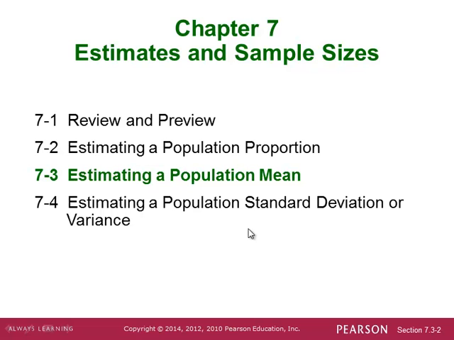Last Friday I recorded a lecture regarding estimating the population proportion, in which we took a sample. And this is the sort of sample where we asked a question: do you support Smith for governor, yes or no? Or which color do you prefer, black or white?